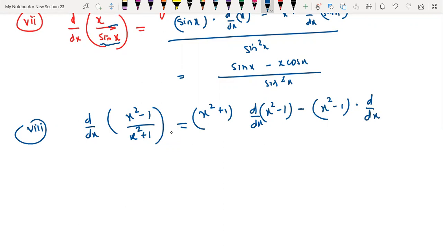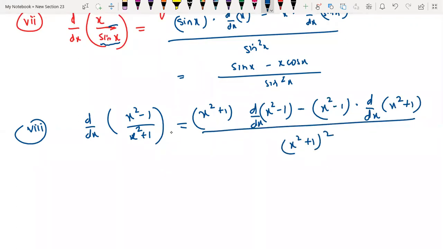Not whole square. Okay, sorry sir, x square plus 1 upon x square plus 1 whole square.